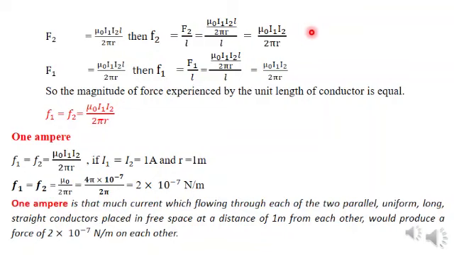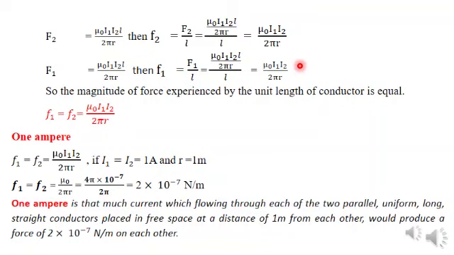Similarly, the force acting on entire length of first conductor is mu 0 I1 I2 L divided by 2 pi r. So force experienced by unit length of the first conductor is mu 0 I1 I2 L divided by 2 pi r divided by L equals mu 0 I1 I2 divided by 2 pi r.